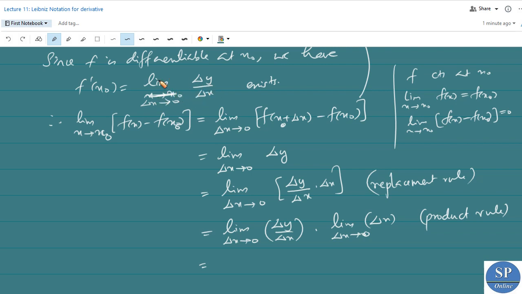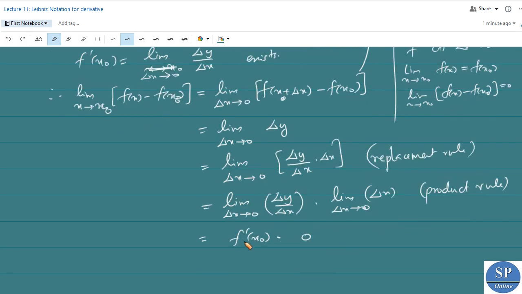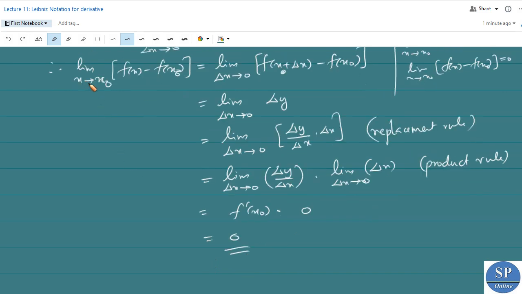So this is f dash of x naught into the limit as delta x tends to 0 of delta x, which is nothing but 0. So this is equal to 0. Therefore the limit of f of x minus f of x naught is equal to 0.